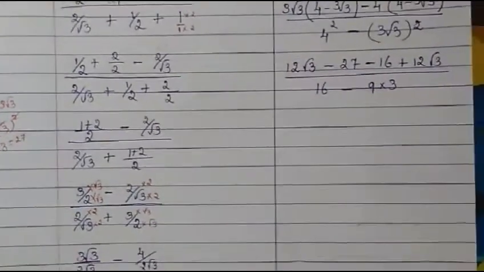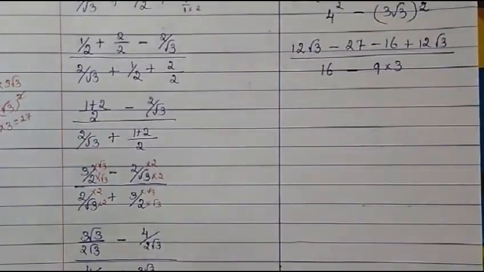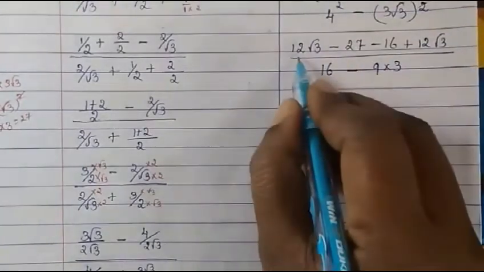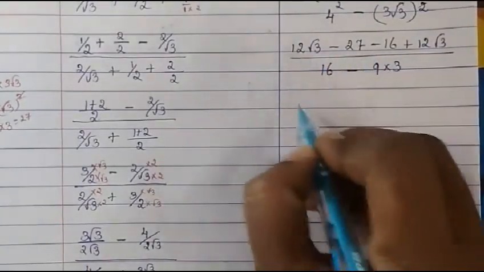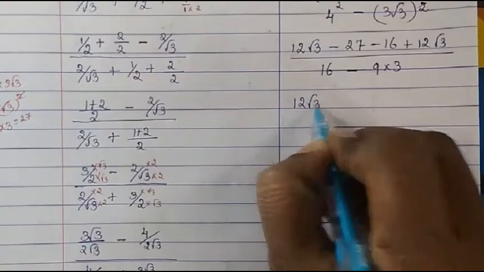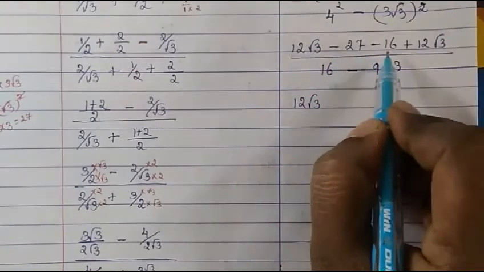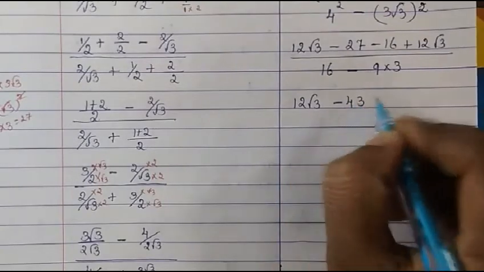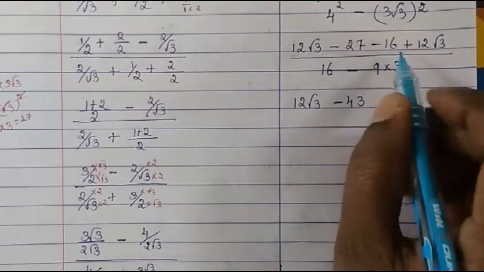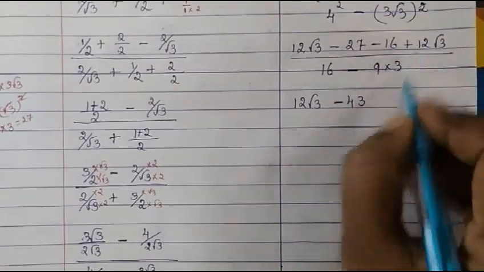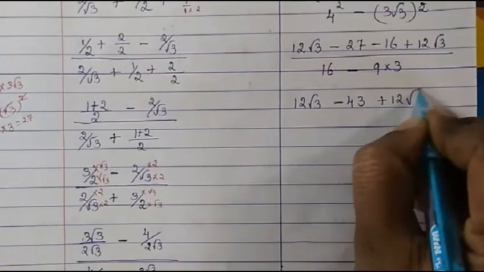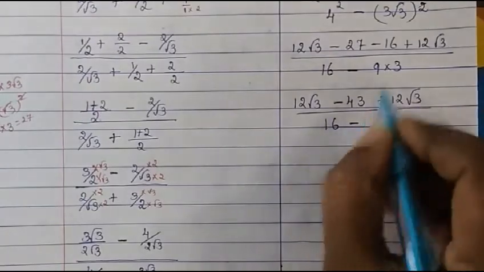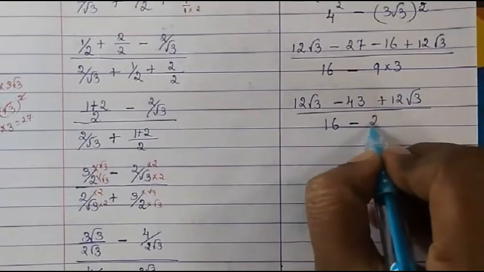So let us simplify further. So now this is 12 root 3 minus 27 minus 16 will give us minus 43. Then this is plus 12 root 3 on 16 minus 9 into 3, 27.